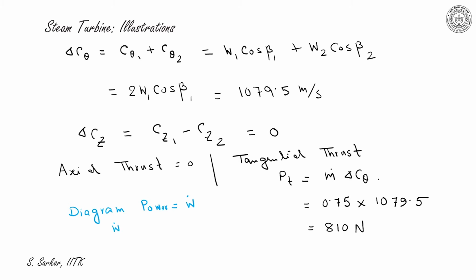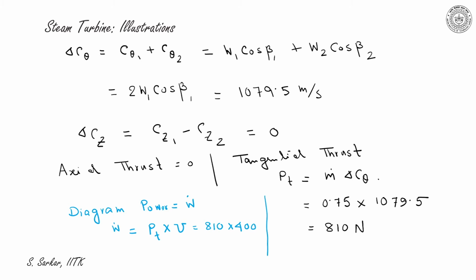So W dot would be equal to PT into U, tangential thrust into the blade speed, that must be equal to 810 into 400.